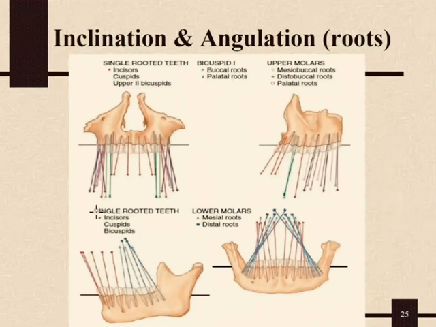Here is mesiodistal and here is faciolingual. Angles or inclinations of the teeth are described according to the long axis of the tooth and perpendicular to the horizontal plane. Usually the axial inclination of the teeth, in general, appears to be consistent, and we'll have it as a table.